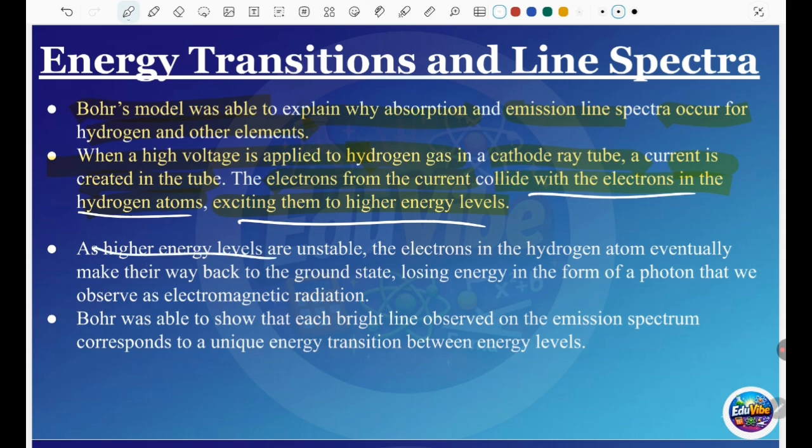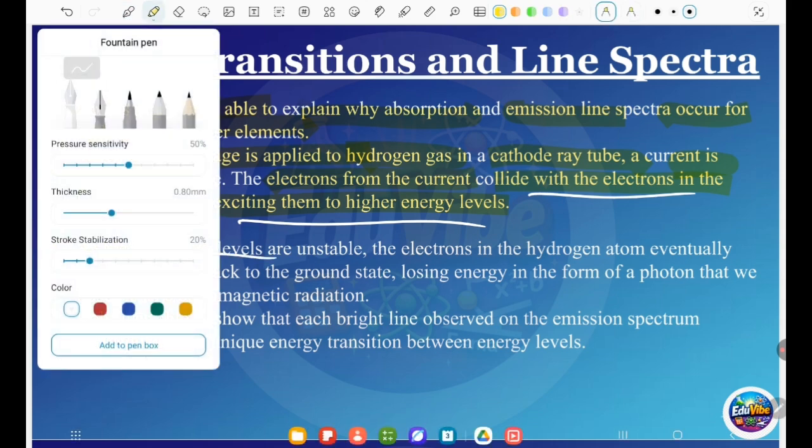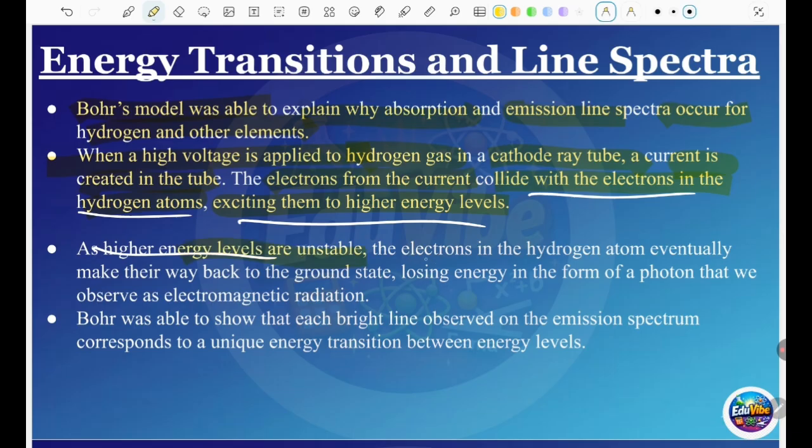As the high energy levels are unstable, the electrons in the hydrogen atom eventually make their way back to the ground state. They go from the lower, stationary state to the higher, unstable states, but because those are unstable, they come back from higher to lower states.